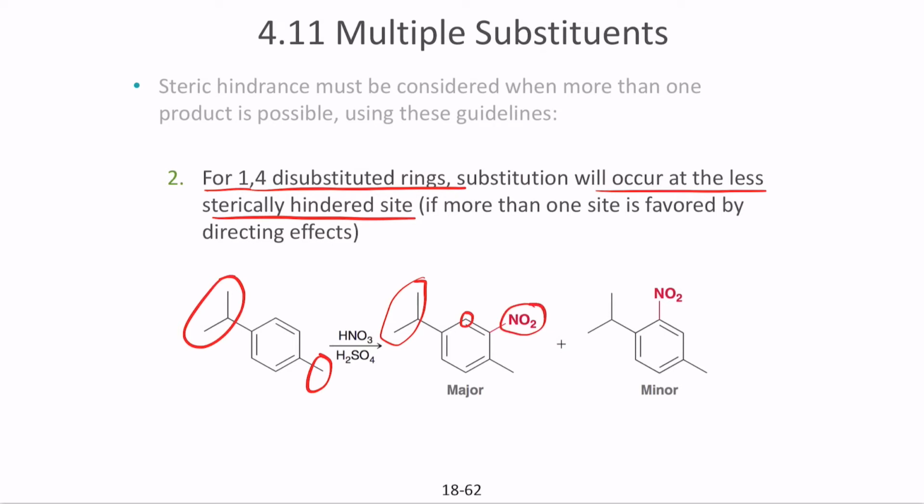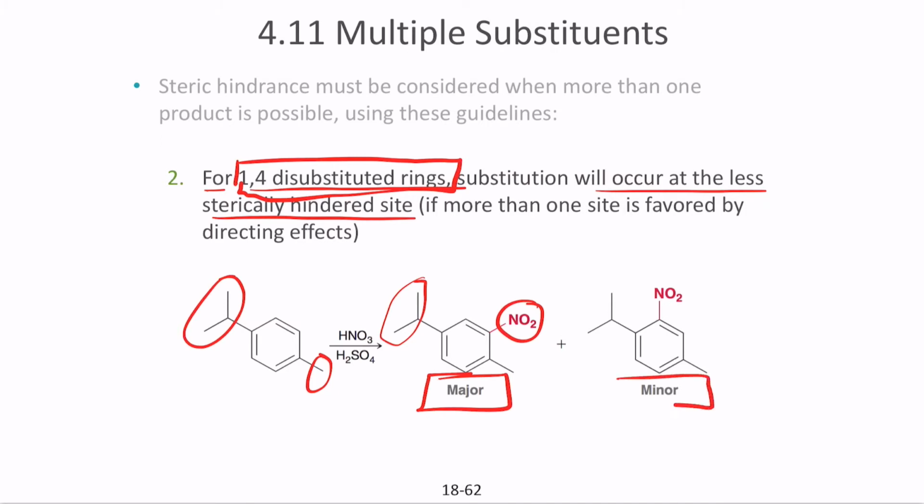The reason is that it's going to attach itself as far away from the bulky group as possible. So when you have a 1,4-disubstituted ring, which is basically a para structure, it will attach to the less sterically hindered side. For example, here it's less sterically hindered, so that's going to be the major product and the more sterically hindered side will become the minor product.